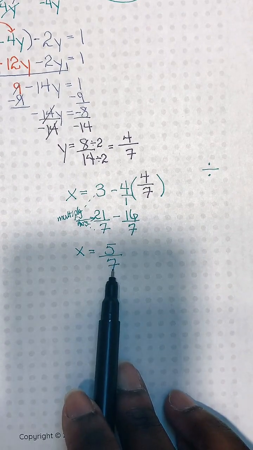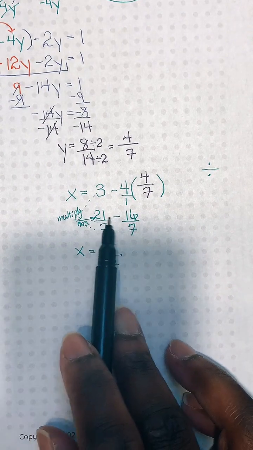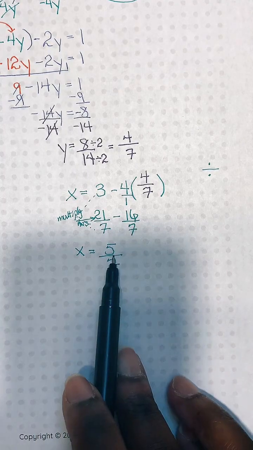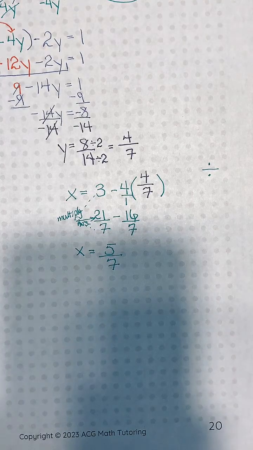You're keeping them the same, but you are subtracting the numerators. So 21 minus 16, that's where the 5 came from.